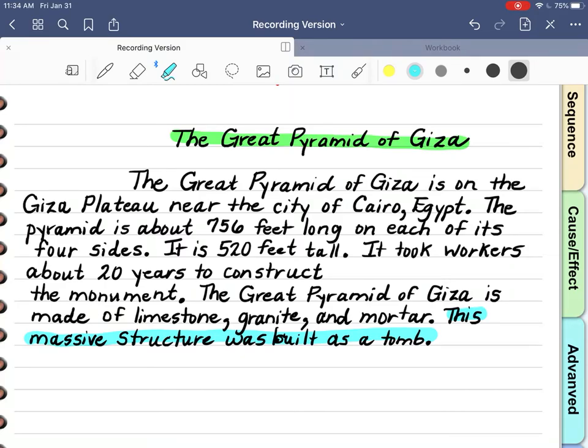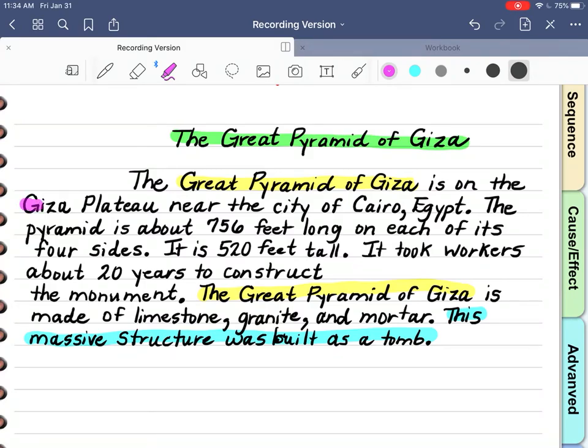All right, this one really doesn't have a lot of keywords because it's focusing on this one thing. It keeps talking about the Great Pyramid of Giza, but that really is the key word. That's all we're talking about here. We don't have a lot of different pyramids to discuss in this paragraph, but we do have quite a few details, and let me give you those or mark those.